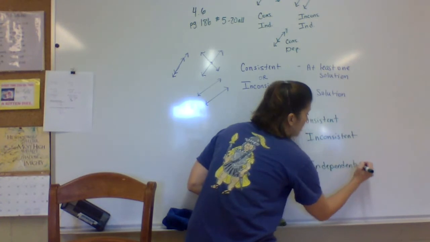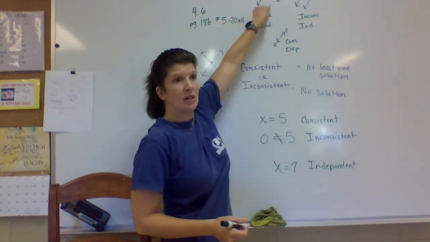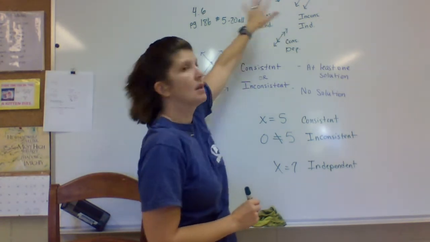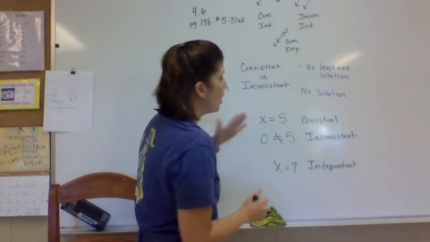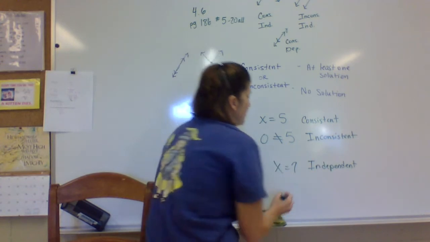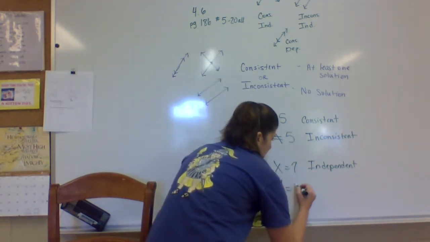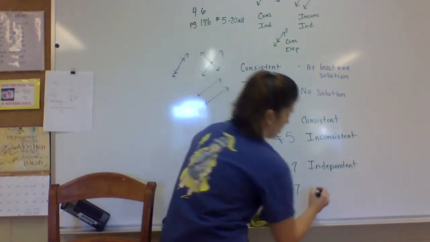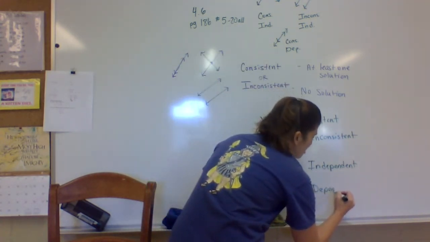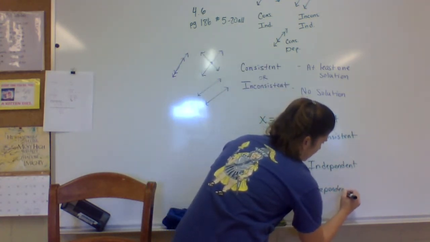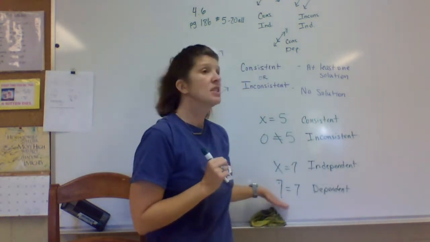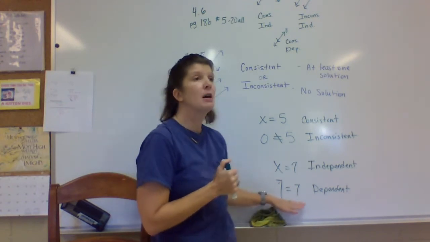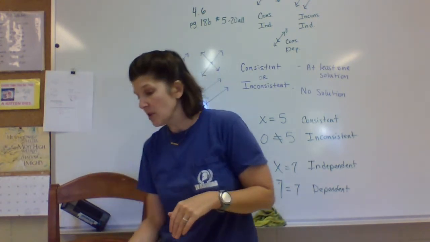Because what we've been doing up until now is this situation. They cross at one point, but now we're getting into the one where something weird happened. So what will it look like if it's dependent? You'll get a true statement, something that's just always true. It's usually zeros. So 7 equals 7. So we'll try to solve it, and if it comes down to a true statement, then it was dependent.